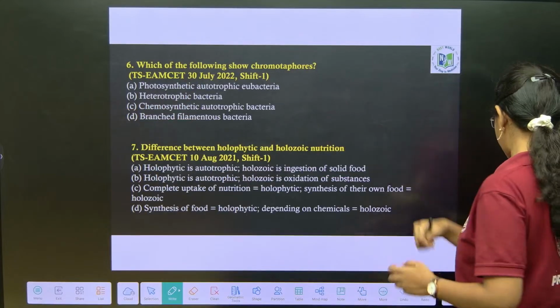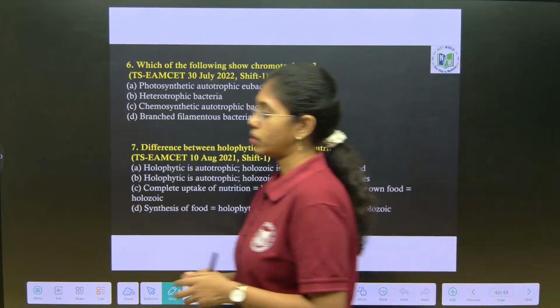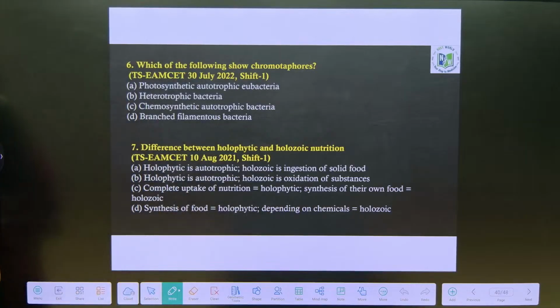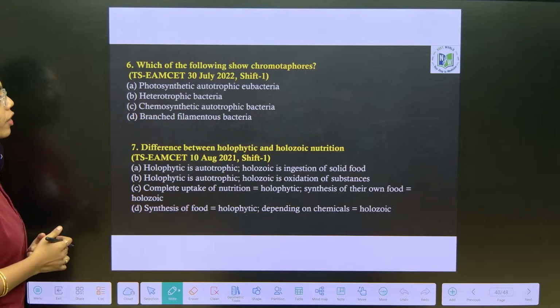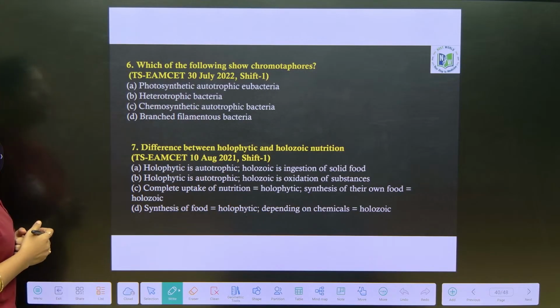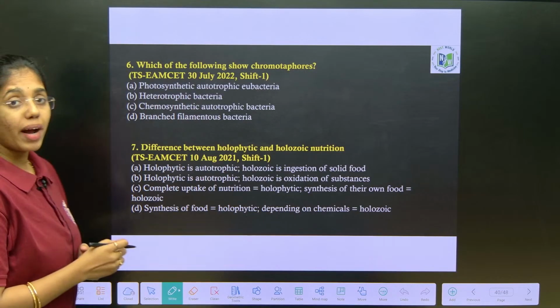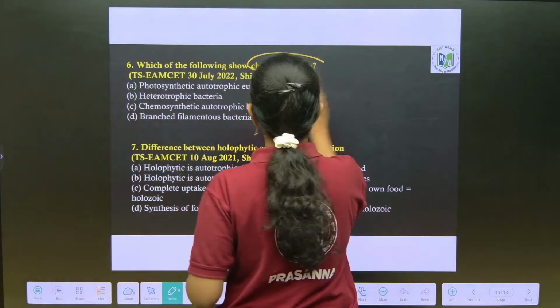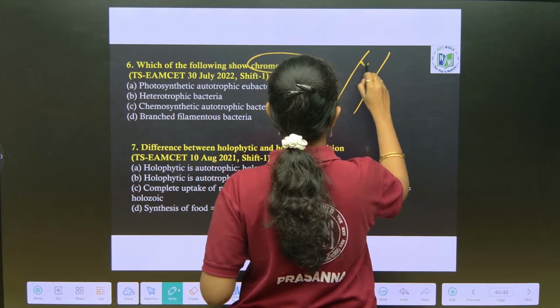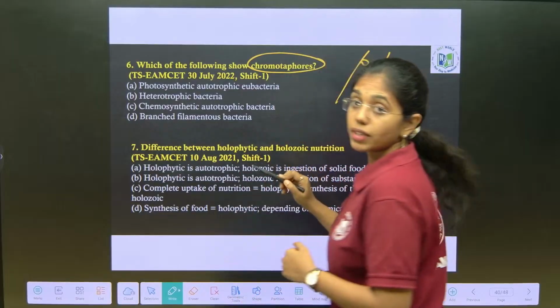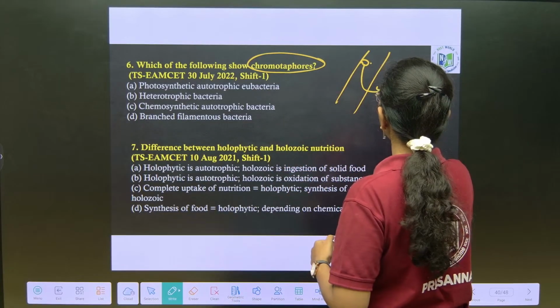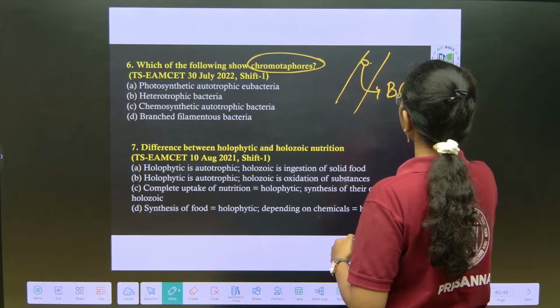Next, sixth question. Which of the following show chromatophores? Chromatophores are what? These are the invaginations of the cell membrane into the cytoplasm which have pigments. This is observed in blue-green algae or cyanobacteria.